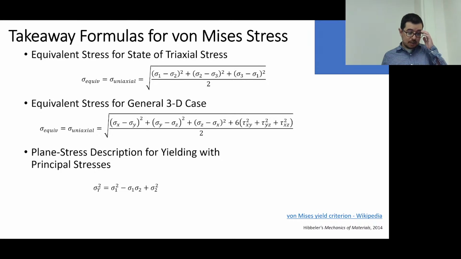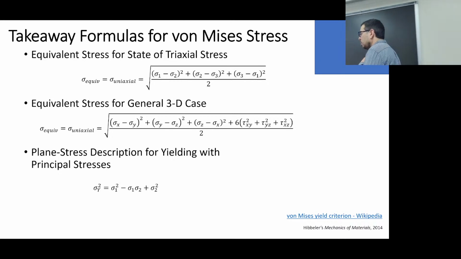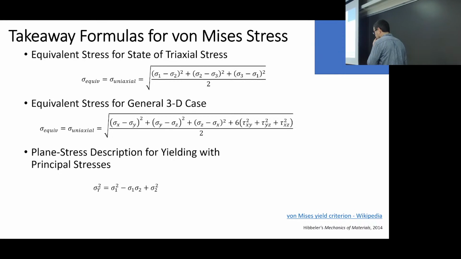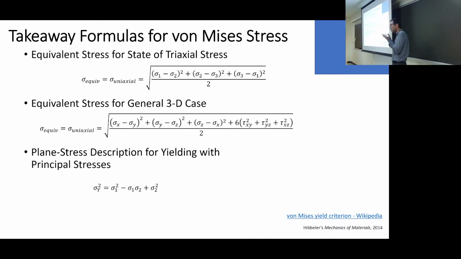Now, this is interesting too. There is an equation that will describe whether or not you're inside or outside the envelope. You remember that we said x squared plus y squared is equal to r squared, right?